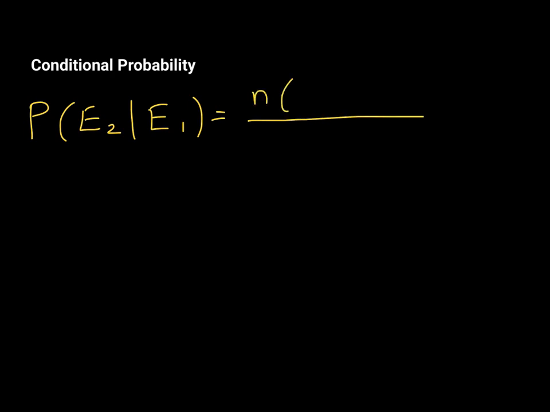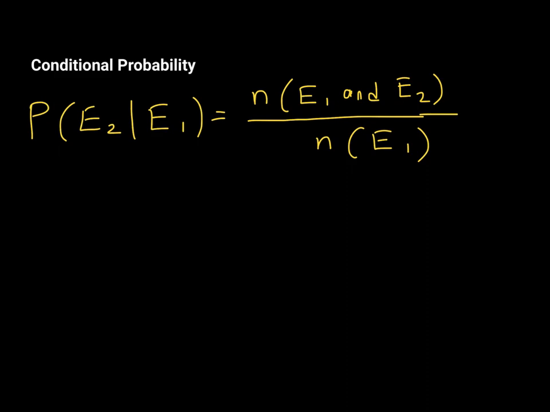The probability that event E sub 2 will happen, given that E sub 1, this first event, has happened or will happen, is equal to the cardinal number of E sub 1 and E sub 2, remember the cardinal number back in earlier studies, divided by the cardinal number of E sub 1.